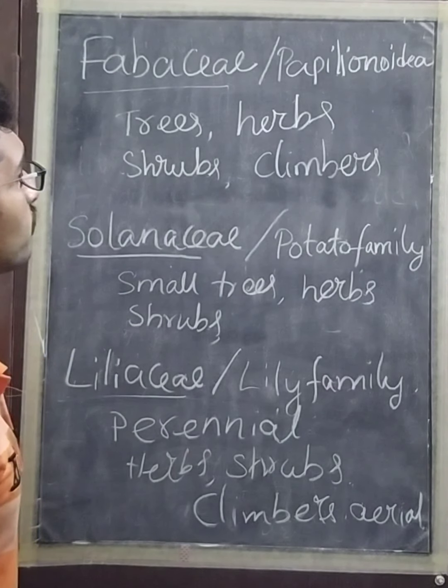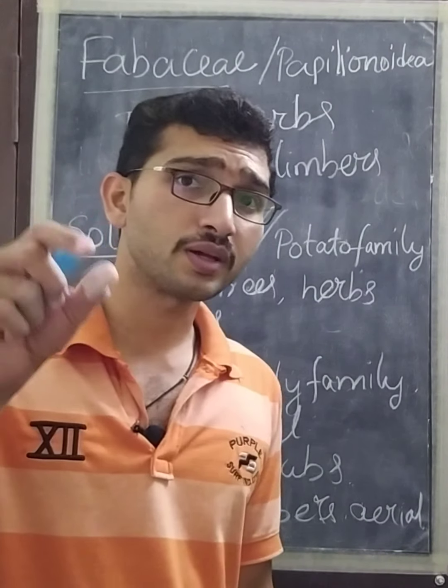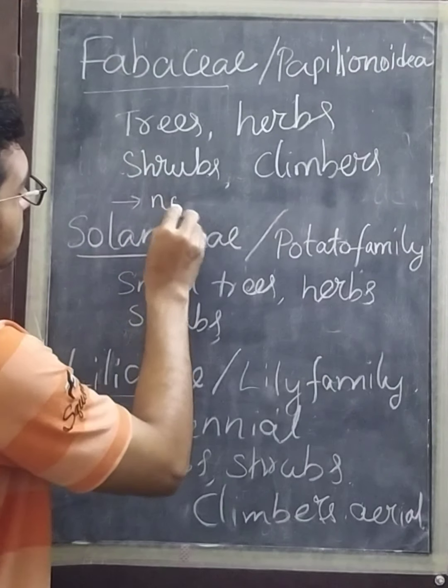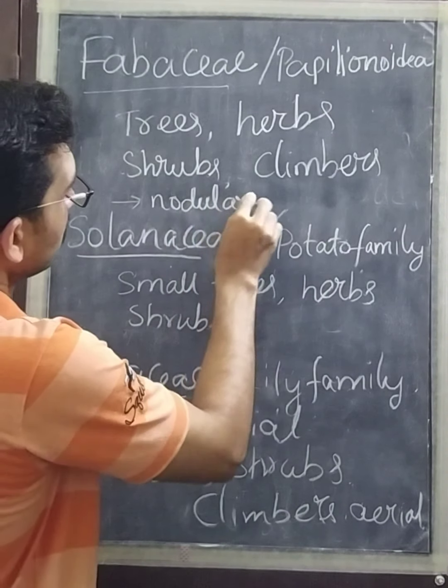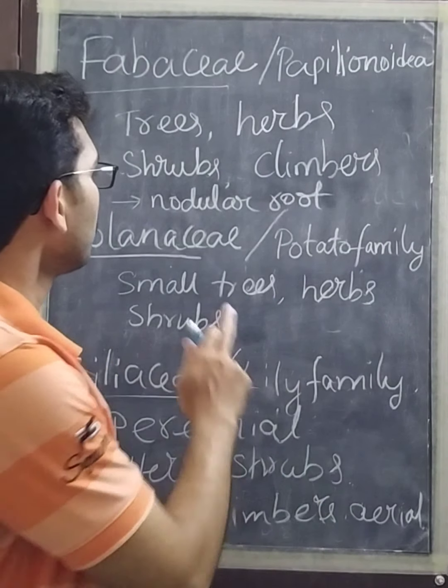Now if you observe what kind of roots the Fabaceae family has, the leguminous family roots have nodules. So nodular roots are seen in the Fabaceae family.